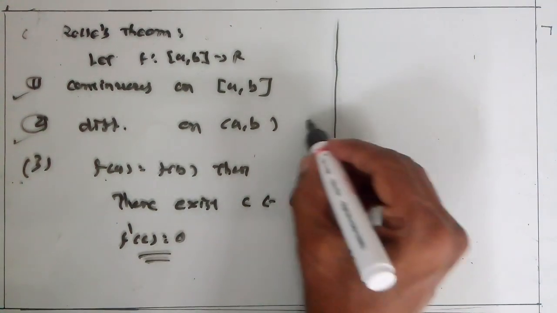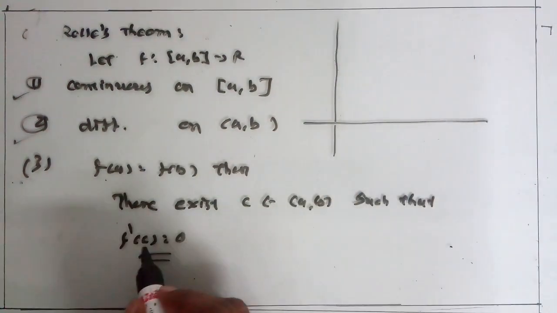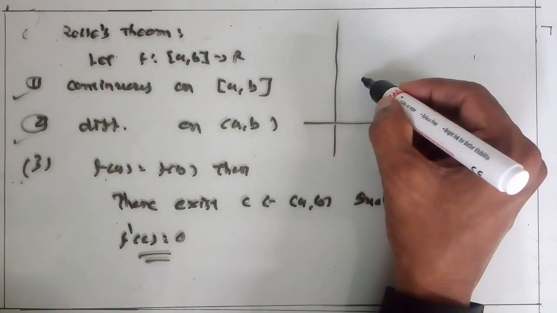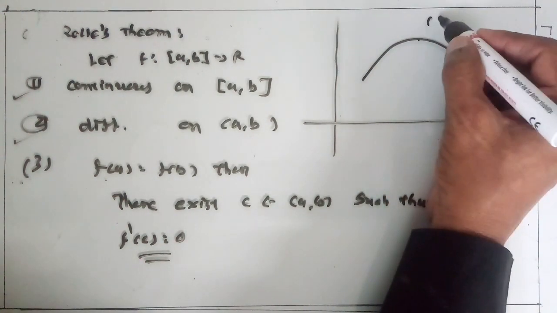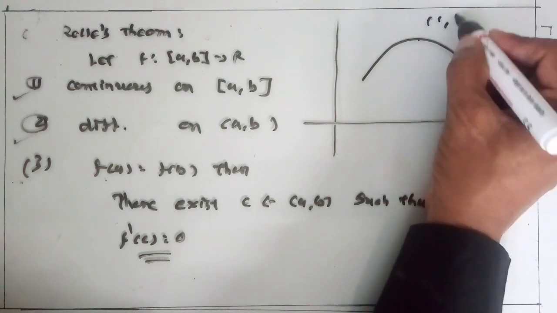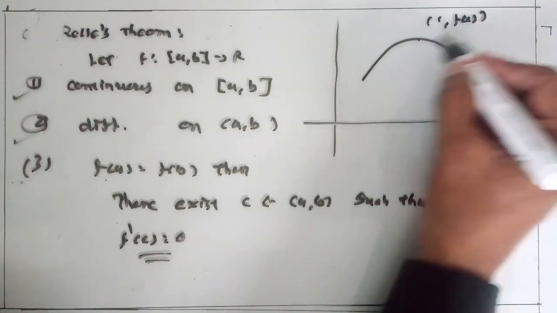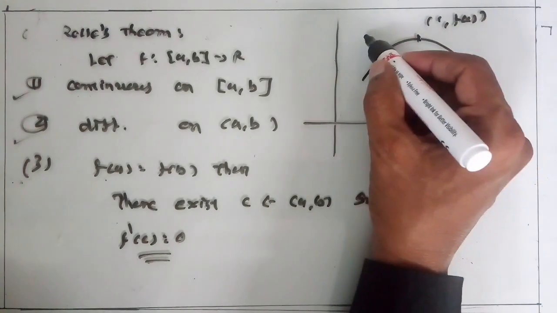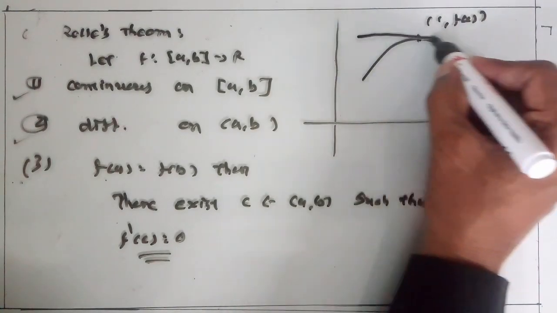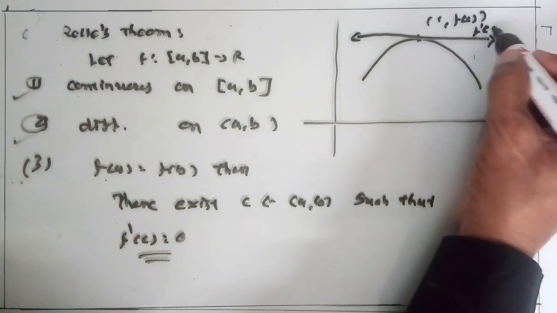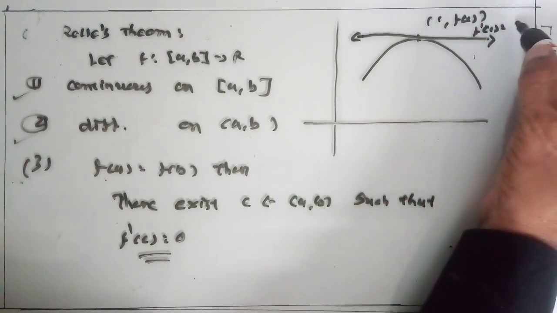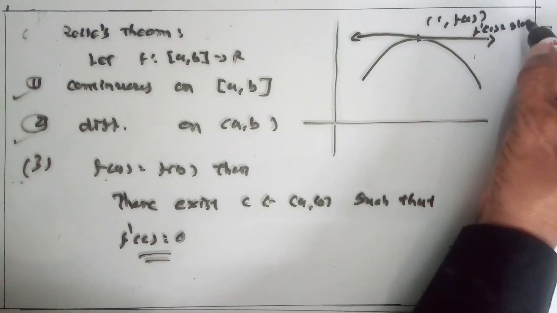Remember this, f'(c) equals 0. That means at the point (c, f(c)), the slope of the tangent is f'(c). You know that this is the slope of a tangent.